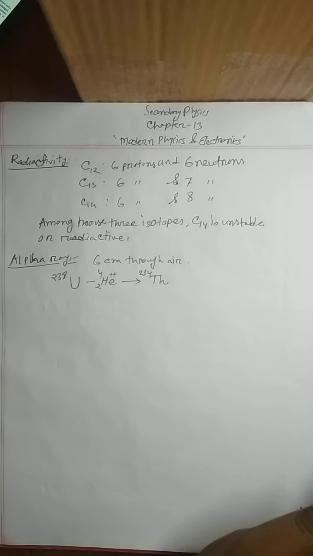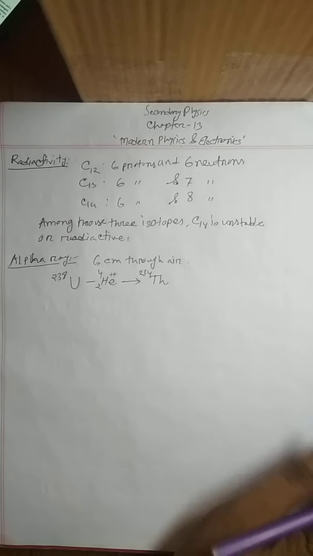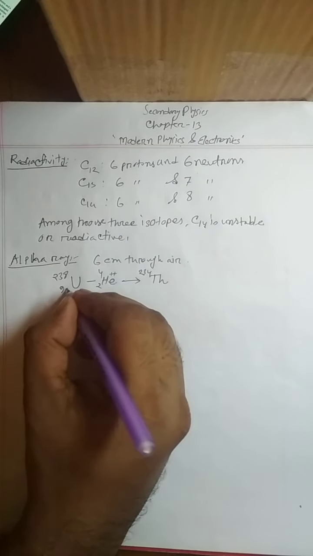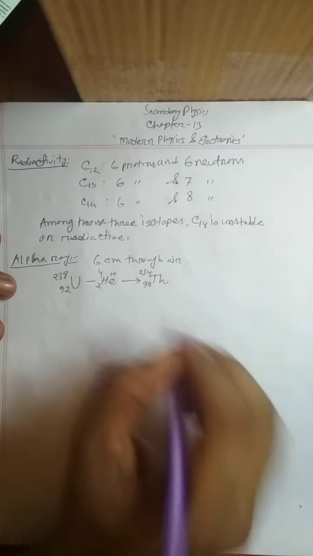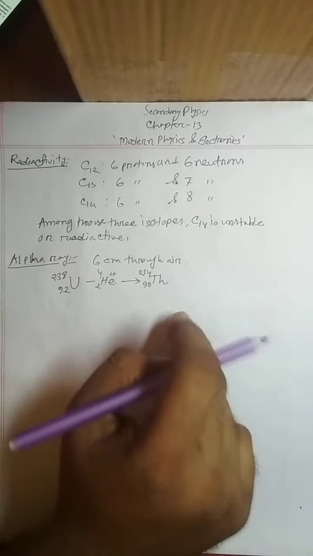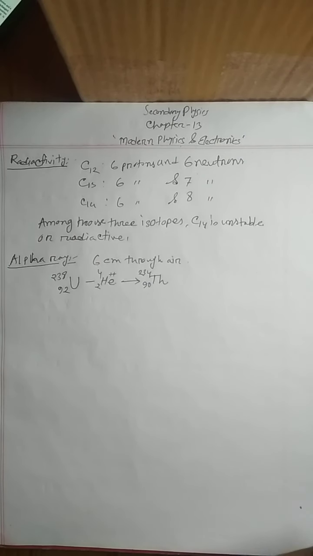The atomic number of uranium is 92 and thorium is 90. Okay? So it becomes another element, as I have told you.